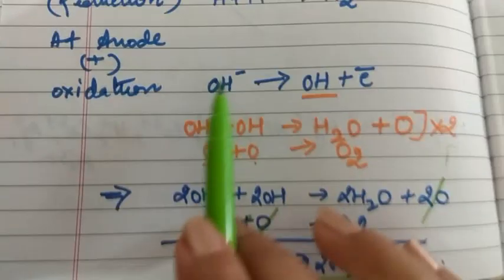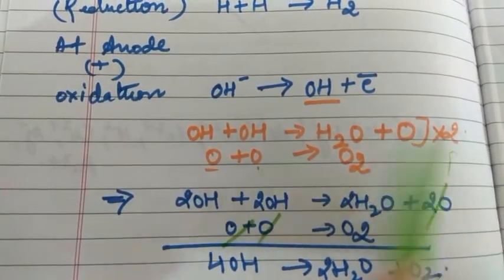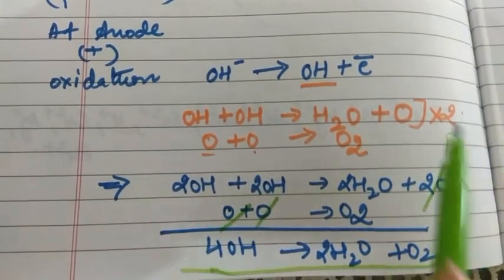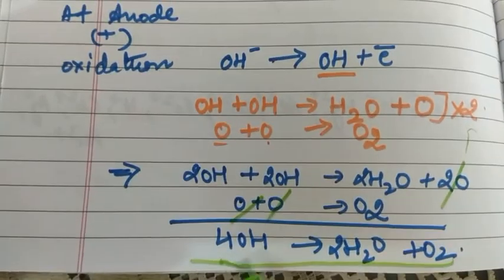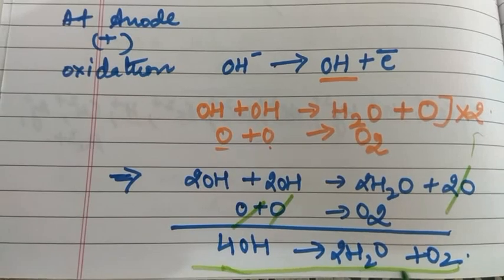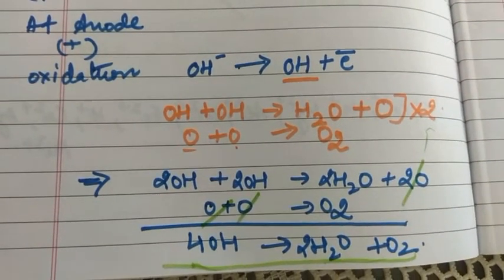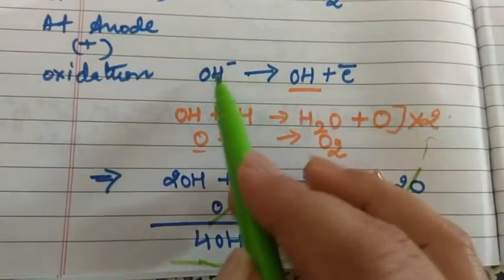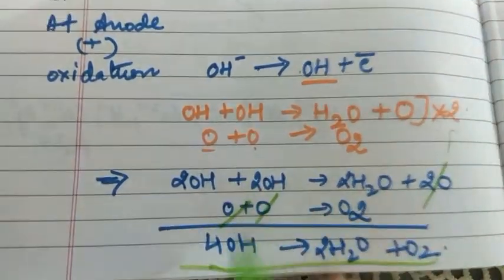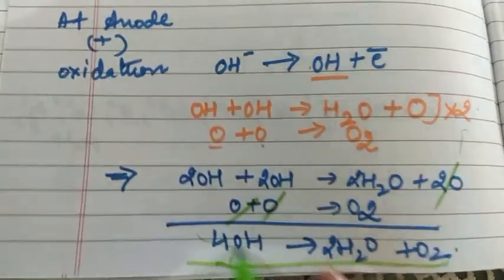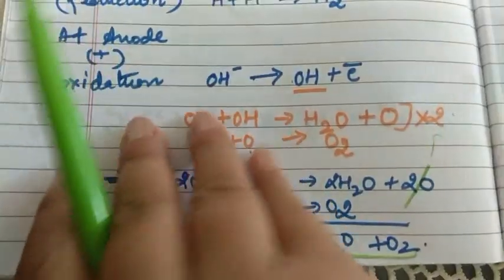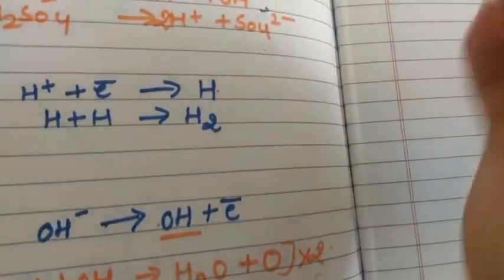O plus O gives O2, then multiply to cancel out, and here 4OH will give 2H2O plus O2. Now we have this equation also, which we got from here.